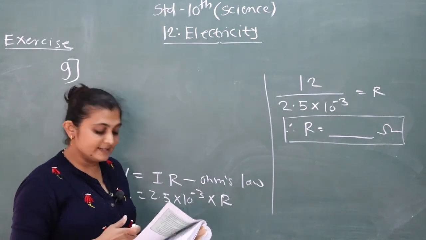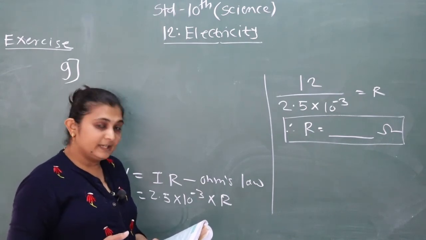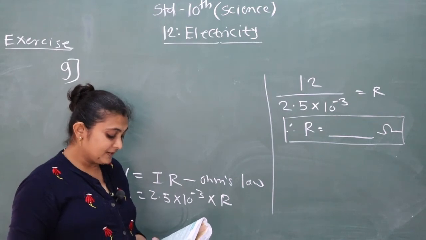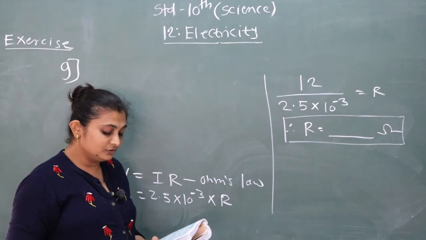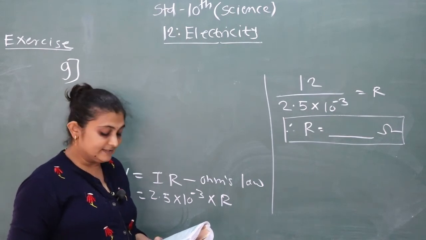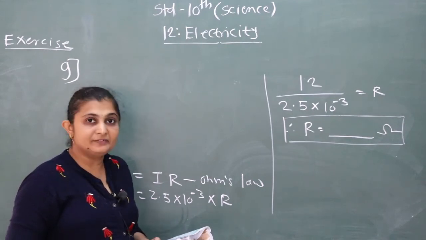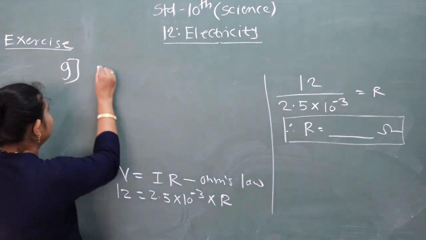These are the resistors connected in series. We have to find how much current would flow through the 12 ohm resistor. Then we write the given things. V is equal to 9 volt.